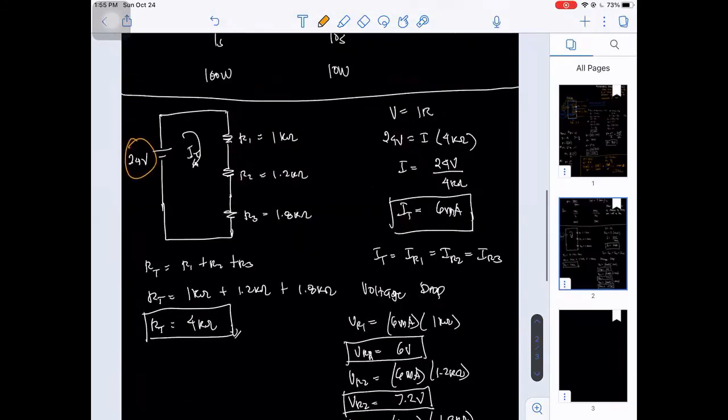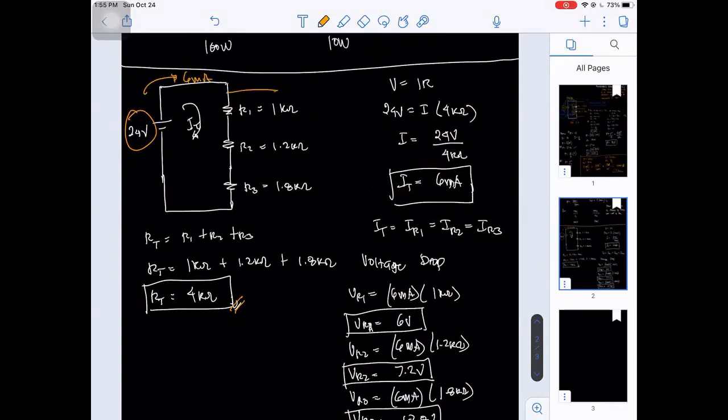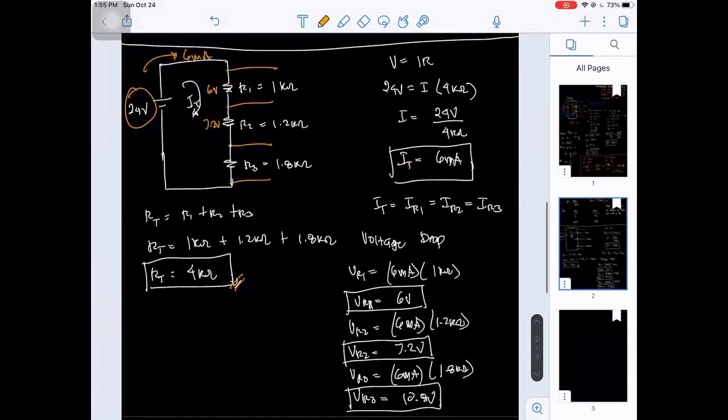So we have current flowing in the circuit, which is 6 milliampere, and our total resistance, which is 4 k ohms. Now, we have 6 volts here, we have 7.2 volts here, and we have 10.8 volts drop across R3.